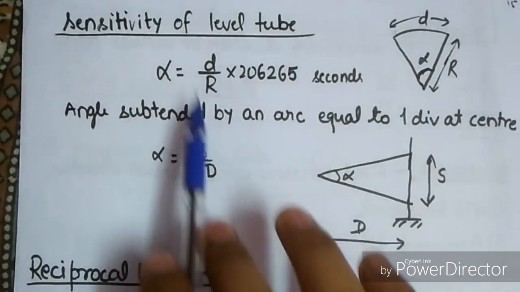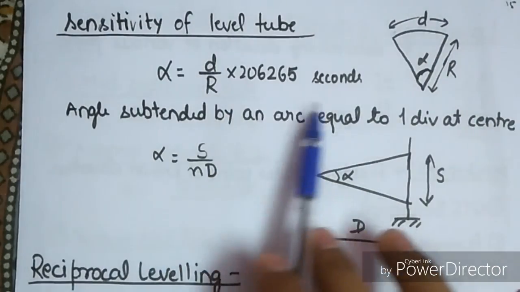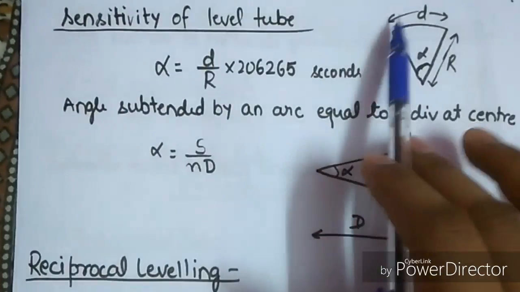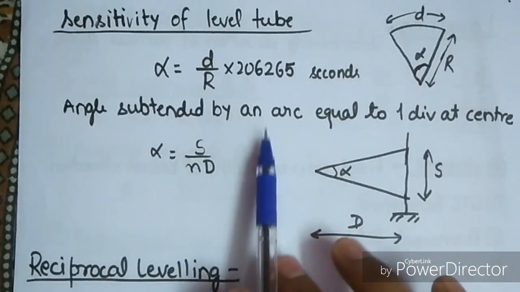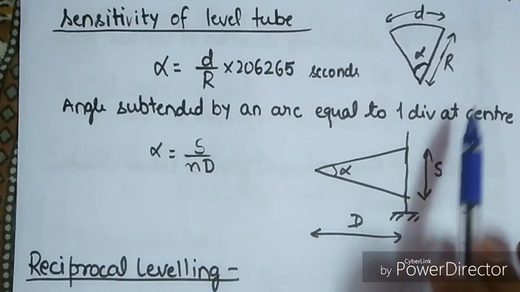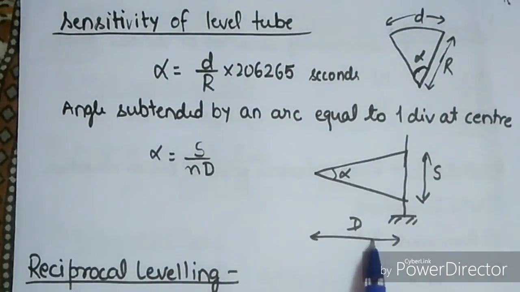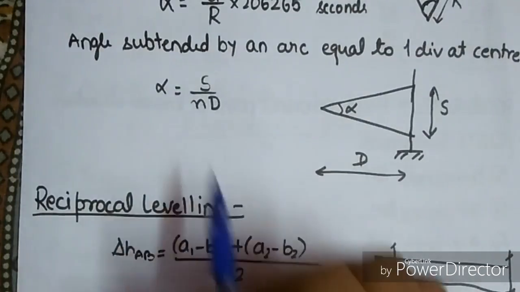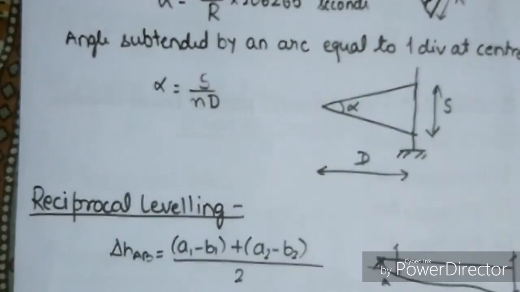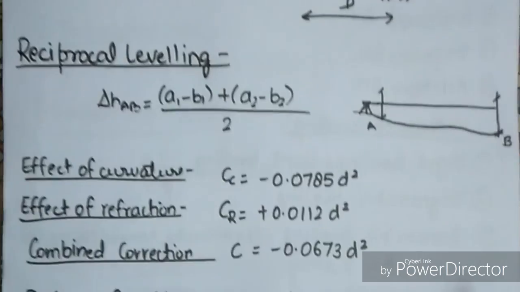Okay, alpha is d upon r into 206265 seconds. We have seen these two terms here, d and r. Angle subtended by an arc equal to one division at center is the sensitivity. Sensitivity we can also depict here as staff intercept upon nd, where n is the number of divisions on that level tube.